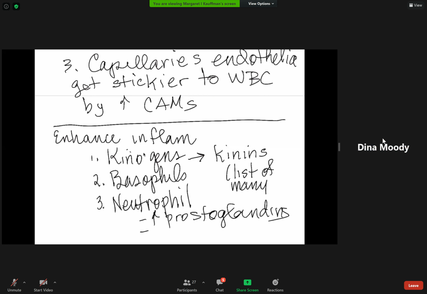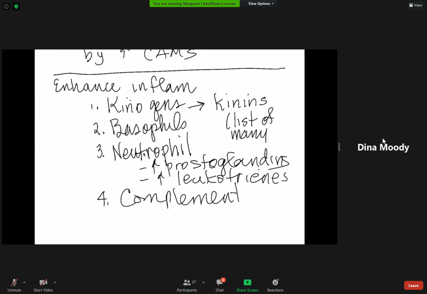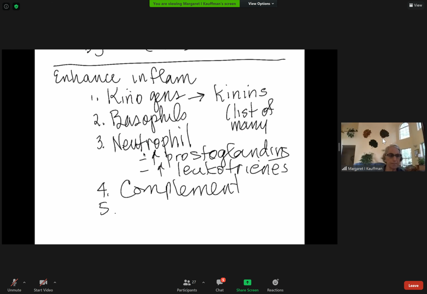And then all cell membranes and generated enzymes of neutrophils, basophils, et cetera, release prostaglandins. And then the leukotrienes by the neutrophils and macrophages. And then the lymphocytes, I have TNF-alpha is released, and then the liver C3a. Are those inflammatory?